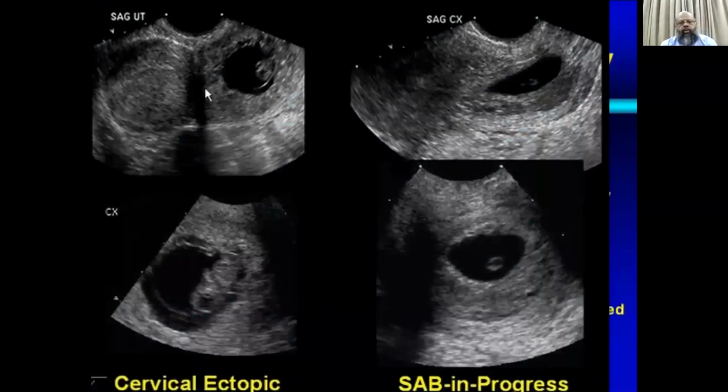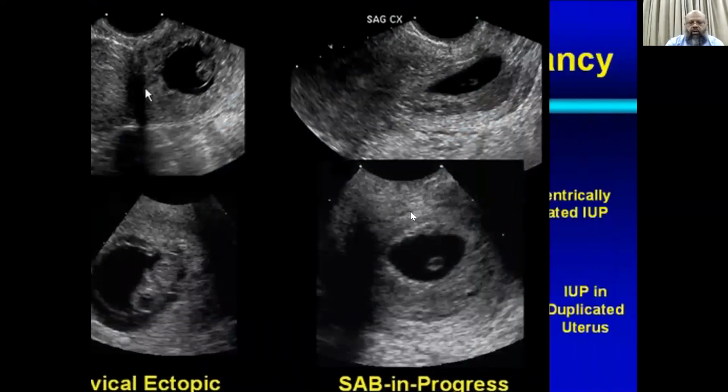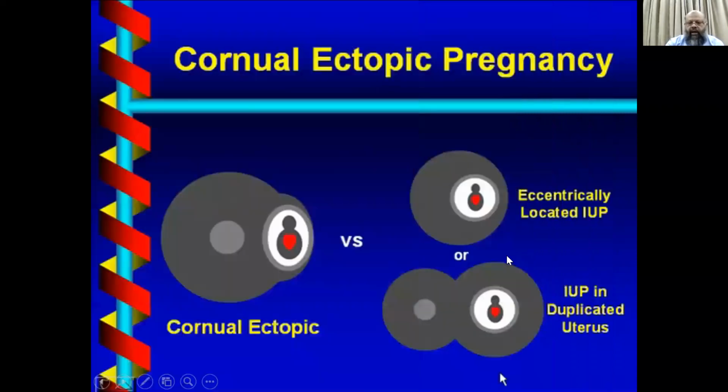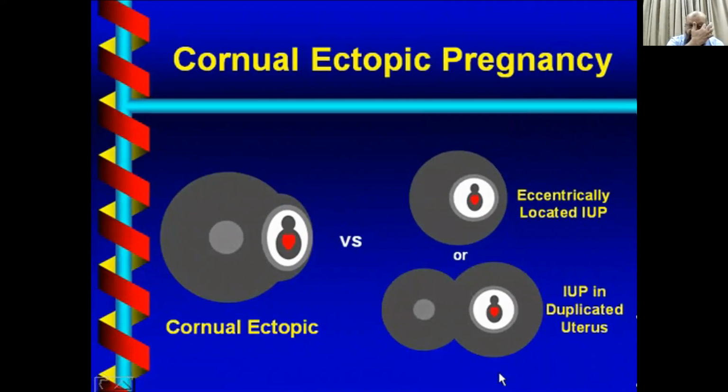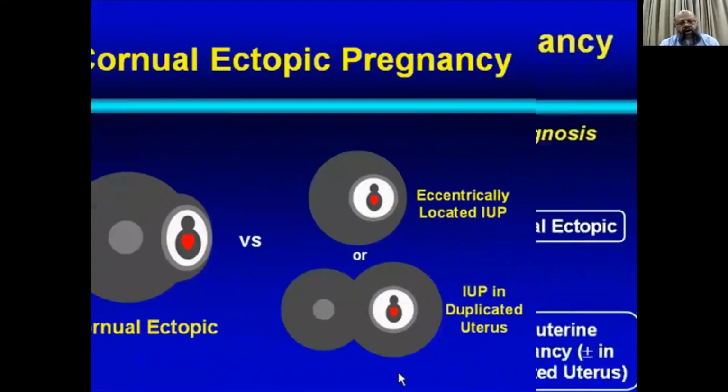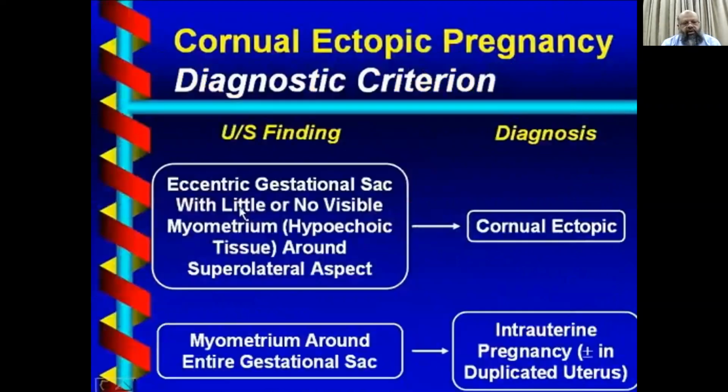Cornual ectopic pregnancy, the cornual ectopic versus the centrically located intrauterine pregnancy in a duplicated uterus, in a didelphys uterus. The cornual ectopic pregnancy diagnostic criterion will be the ultrasound findings: an eccentric gestational sac with little or no visible myometrium around the superolateral aspect.